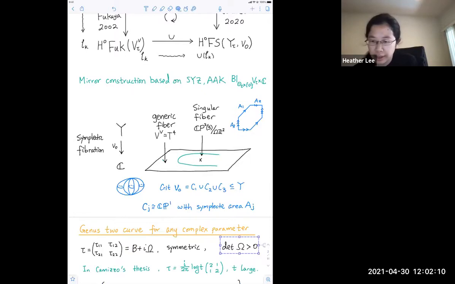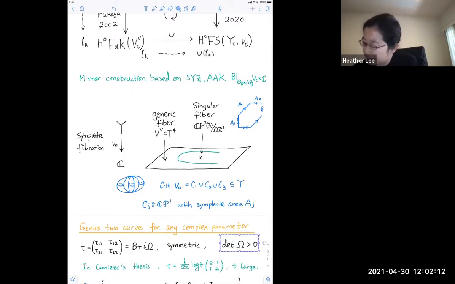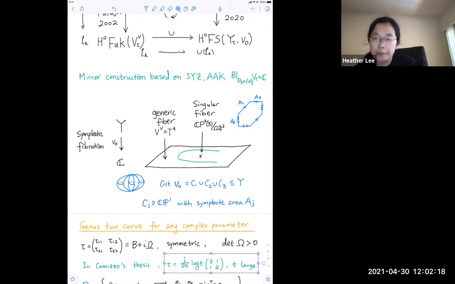In Catherine's thesis, she considered this one-parameter family of complex structures. Most of her thesis can be directly extended to cover all complex parameters, but a couple of new ideas are needed, and I'll point out in this talk where the new ideas come in.